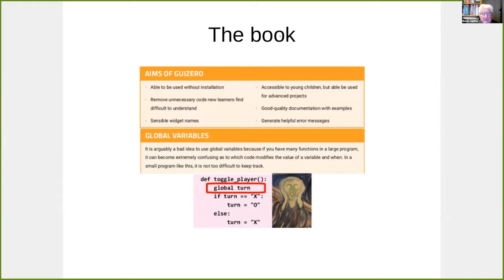If you take a look at the aims, they want to make sure that Guizero is something which pretty well anyone can use, but you can still use it for advanced projects. And they've stuck with that approach in the games, which work well and have very simple Python code, but do some things that a professional software developer would look on as a bit dangerous.